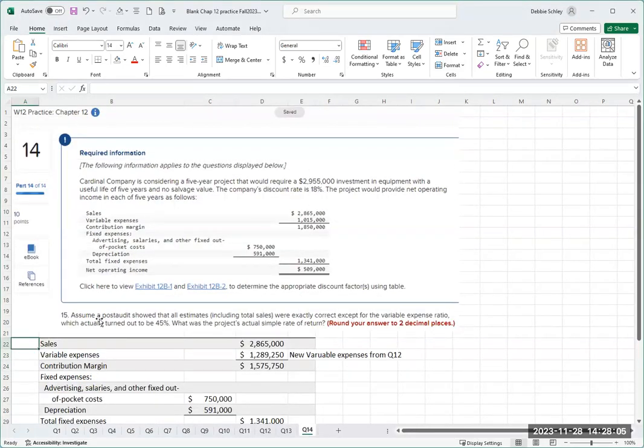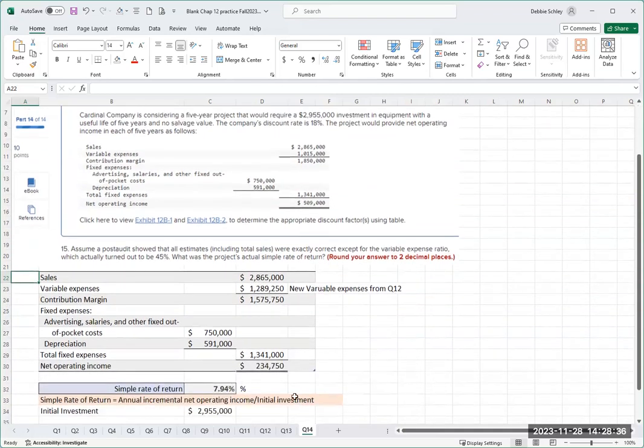And we're keeping that same change of the 45% variable expense ratio. And so I just plugged that in. So I took all of this data here because they want to know what's the simple rate of return. And for that, I need to know what my incremental net operating income is. And so I just plugged in that new variable expense from question 12, but all the rest of the numbers, the sales, advertising, depreciation, those are all the same.